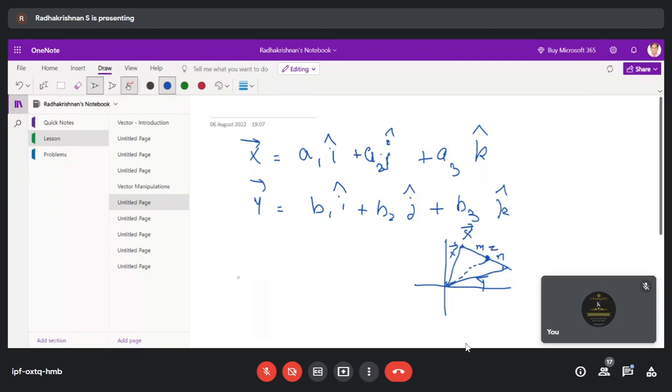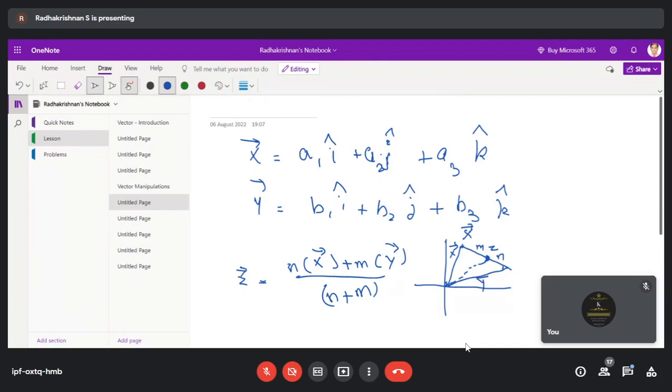Okay, so this z position vector is given by n into x plus m into y by n plus m. So this gives the position vector of the point z. This is the section formula.